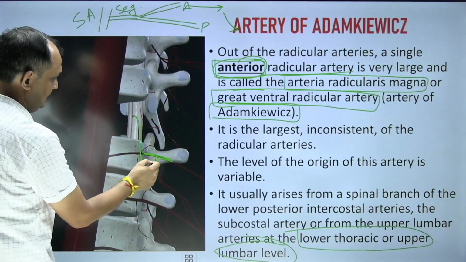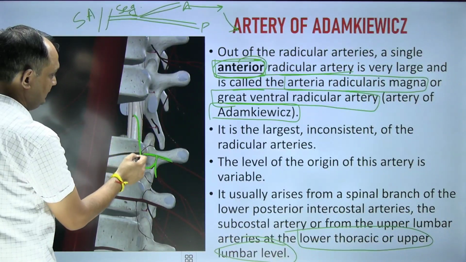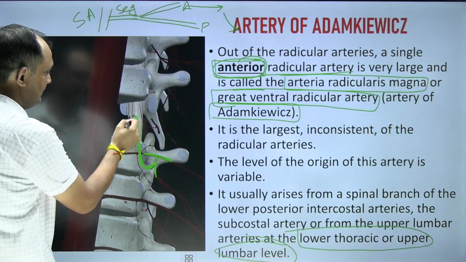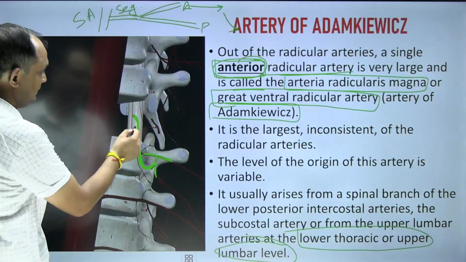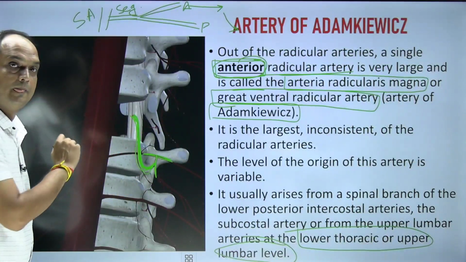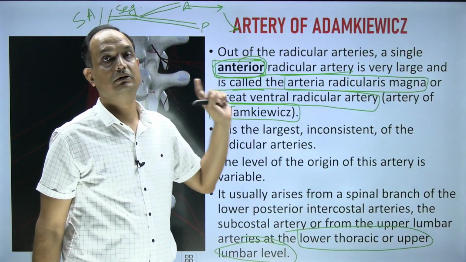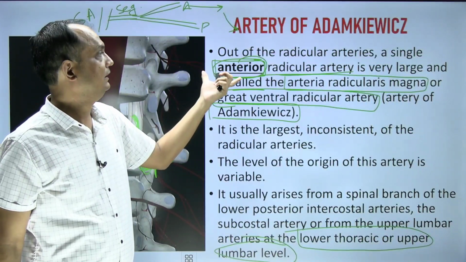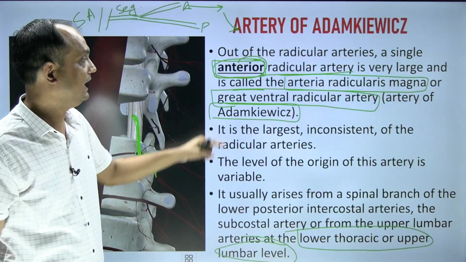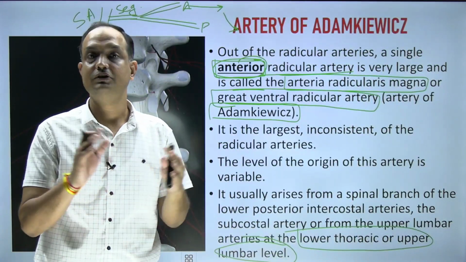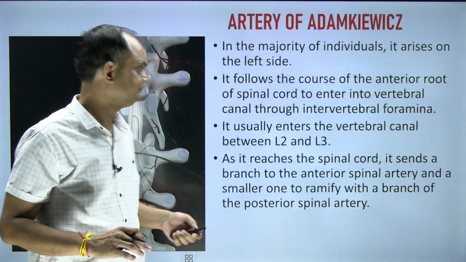This is the anterior radicular artery, and it is excessively long. Generally the radicular arteries are not that long. So this single anterior division is large, and it is a highly variable artery.